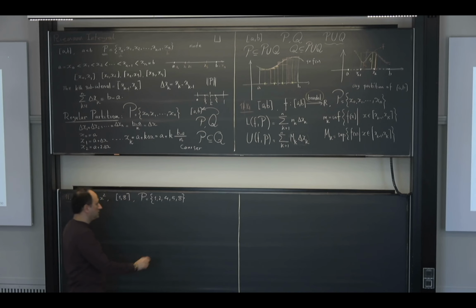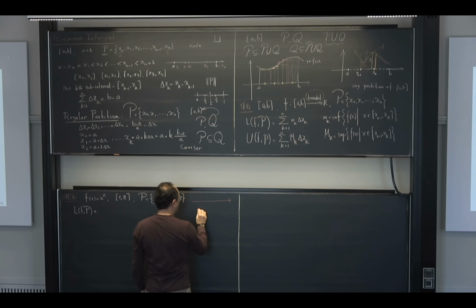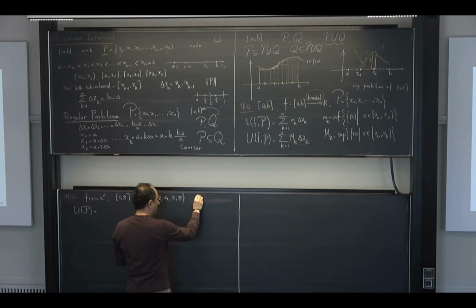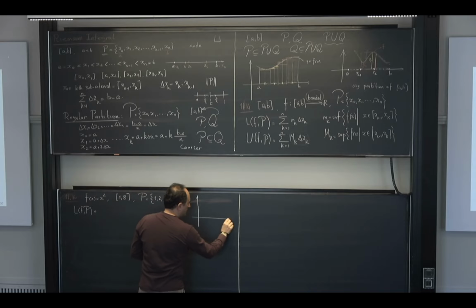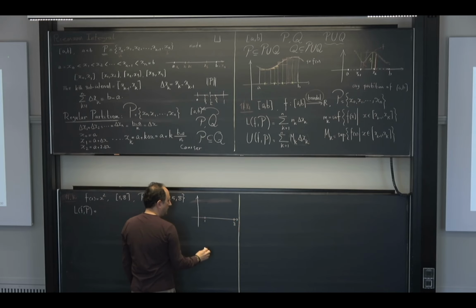Okay, so let us draw some picture here, so that's not bad. So here I have one. Let me just draw a little bit better. I have to exaggerate a little bit. So let us say that this point is 1, and this point is 8. And then, if you don't mind, let me draw y equals x squared. I don't care about the left side. Let me just draw it like this.